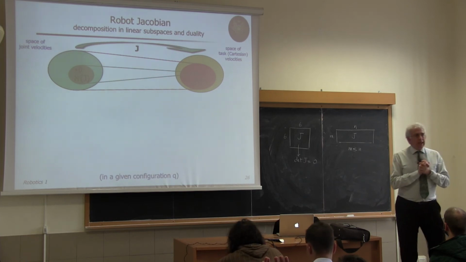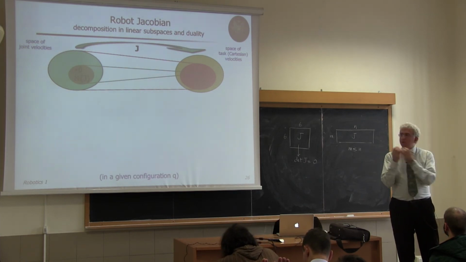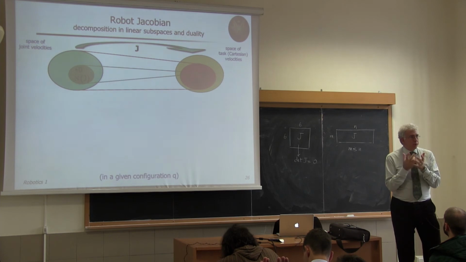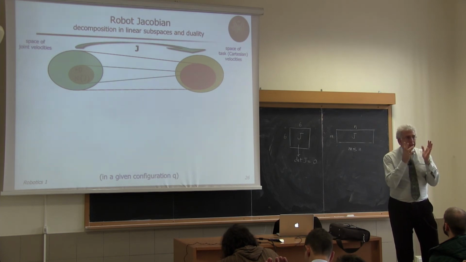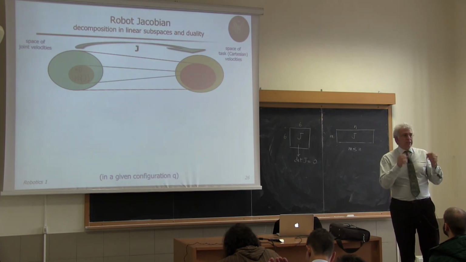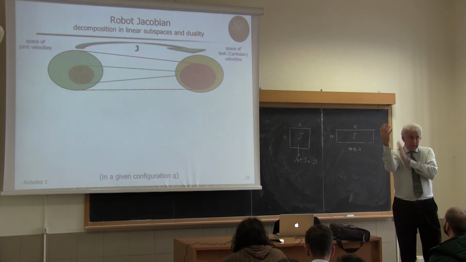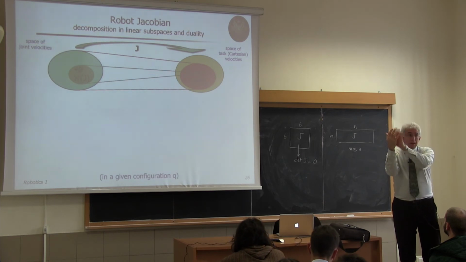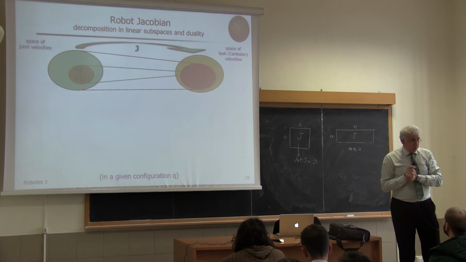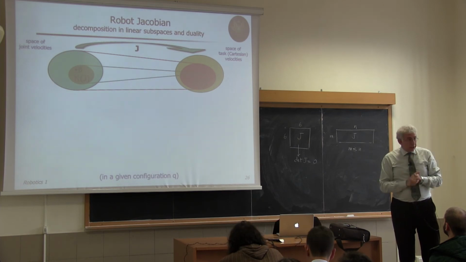All that we have said until now converges to something which is mathematically important. We have a matrix, and we can define if this matrix is singular or not by looking at the determinant. If this is the case, it means that in that configuration, the robot loses some possibility of moving its end effector in some direction.